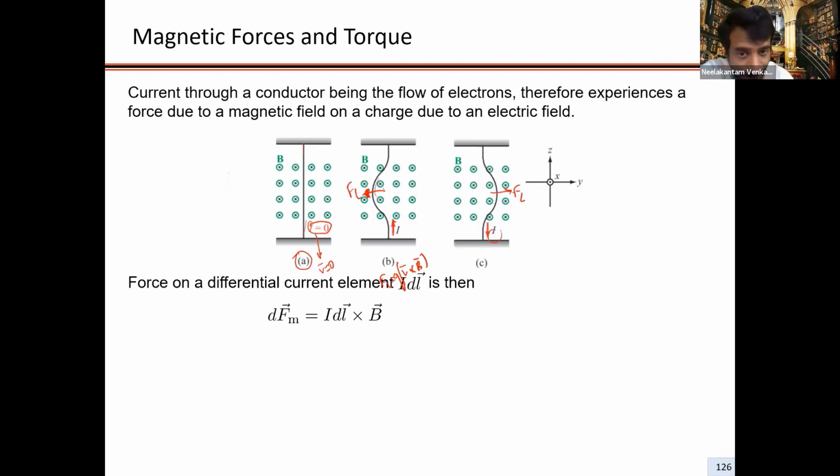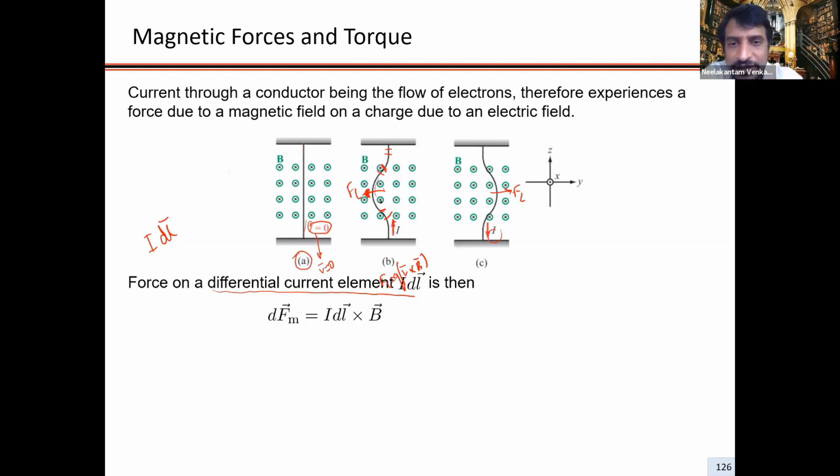Now comes how we can use the Lorentz force of that small q. We can go ahead and define what is called a current element, which is IDL. That means a small little section here, or here, or here.